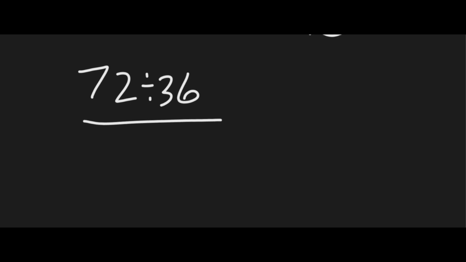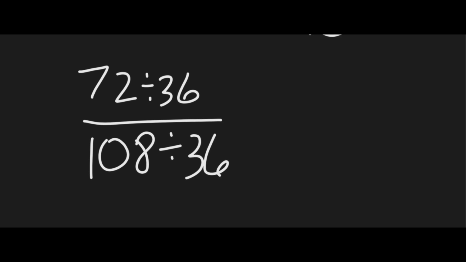So that means 72 divided by 36 over 108 divided by 36. 72 divided by 36 is 2, and 108 divided by 36 is 3. So 72 over 108 equals 2/3.